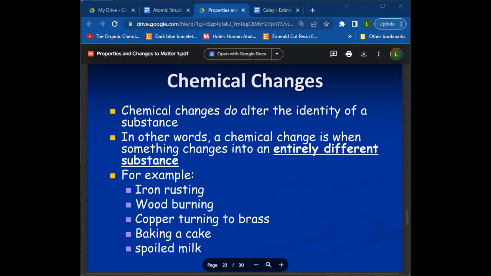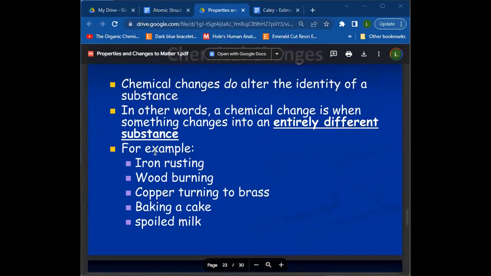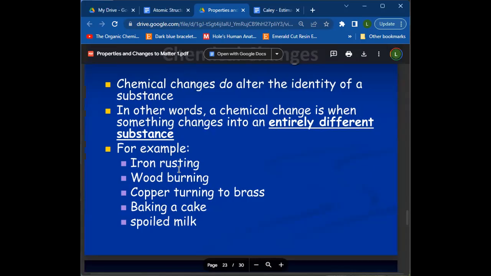For example, we have iron rusting, wood burning, copper turning to brass, baking a cake, spoiled milk.